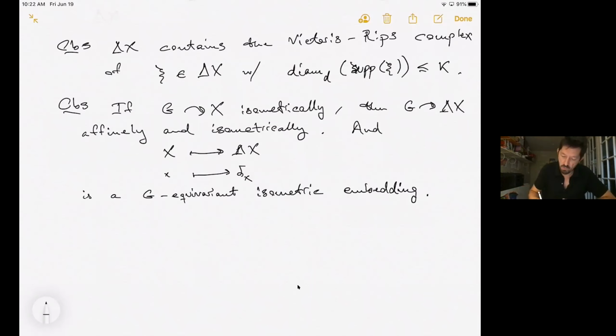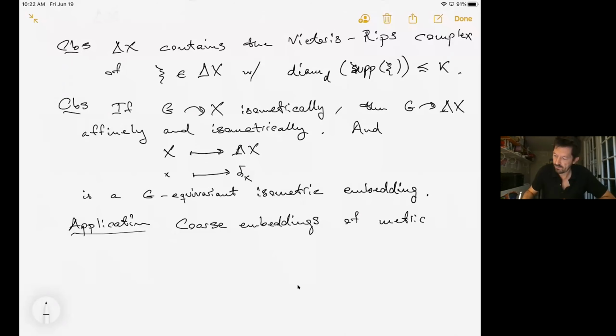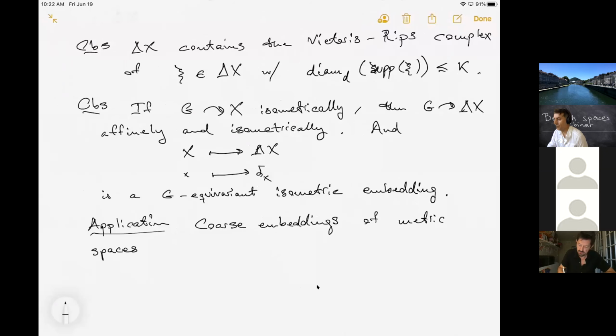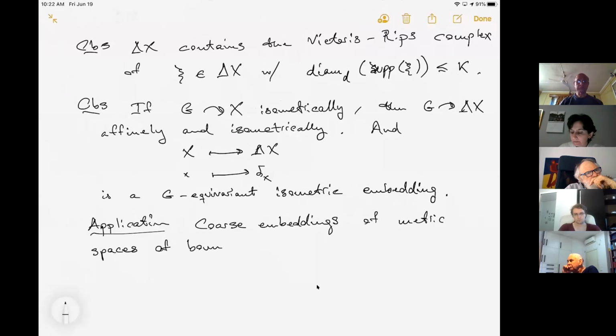So what you can use it for, and I'll just sketch briefly here, is coarse embeddings of metric spaces of bounded geometry. I'll explain these words afterwards.